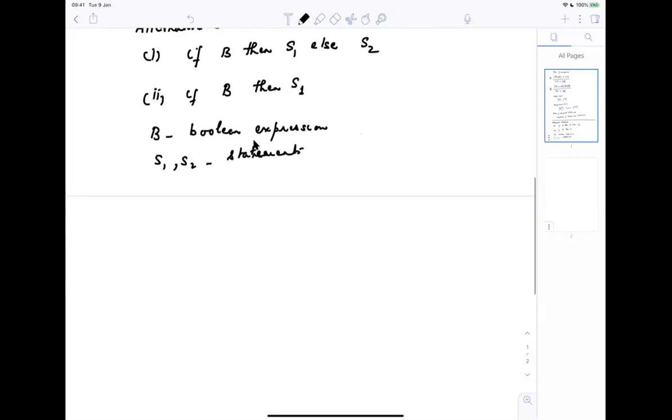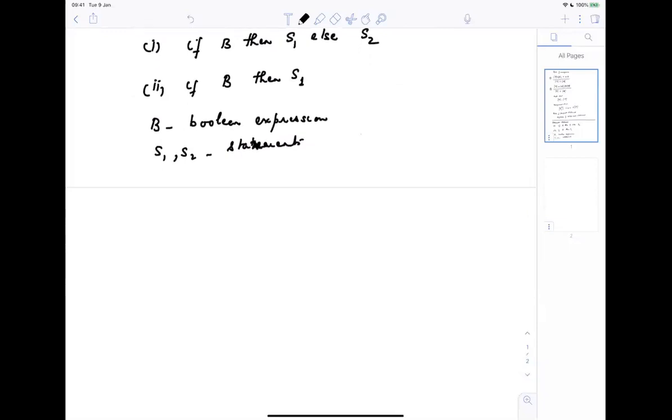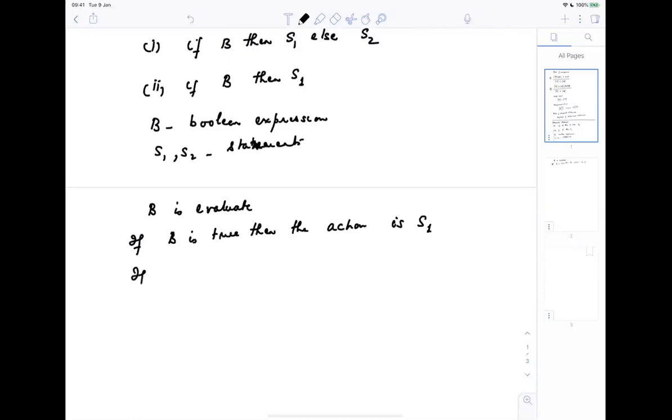Now, B is evaluated, right? If B is true, then the action is S1. If B is false, then the action is S2.